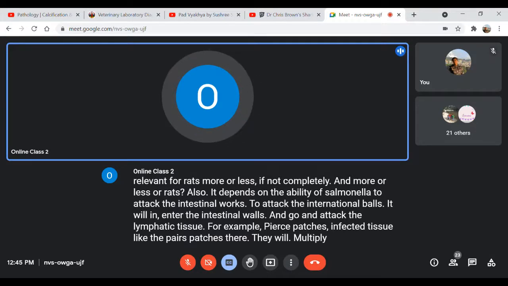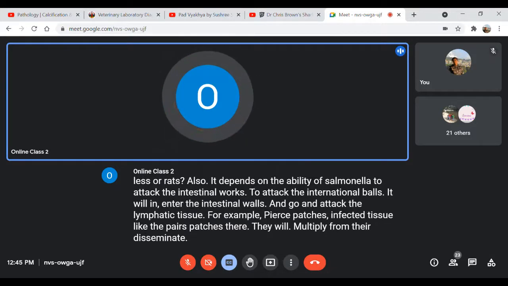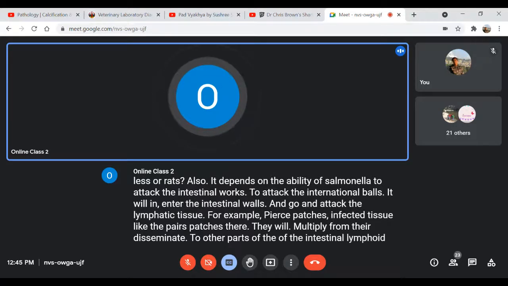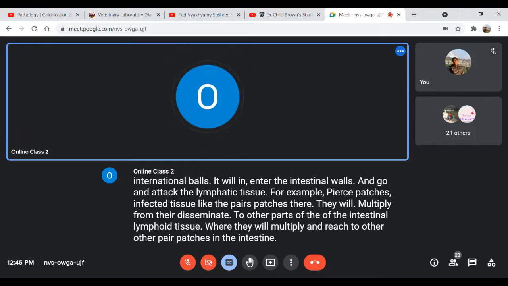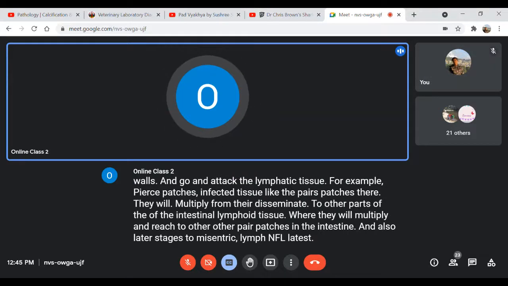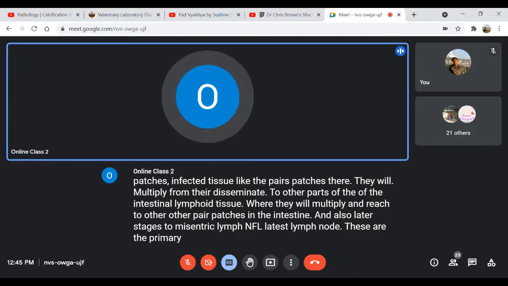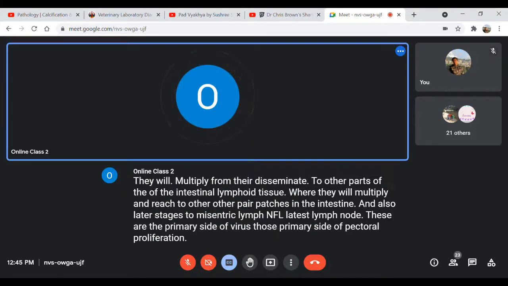There they will multiply and disseminate to other parts of the intestinal lymphoid tissue, reaching other Peyer's patches in the intestine and, in later stages, the mesenteric lymph node. These are the primary sites of bacterial proliferation.